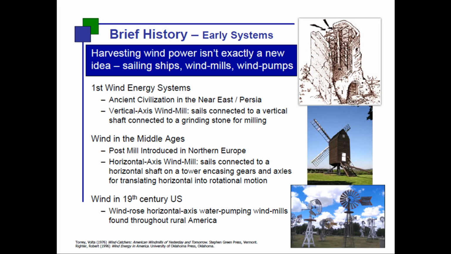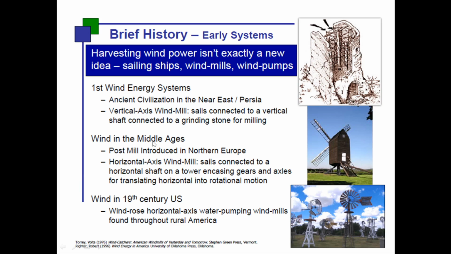The first wind energy systems were in ancient civilization in the Near East, Persia. Vertical axis windmill, that was the oldest concept. You can see the vertical axis in the first diagram. The windmills were rotating about a vertical axis, with sails connected to a vertical shaft connected to a grinding stone for milling.